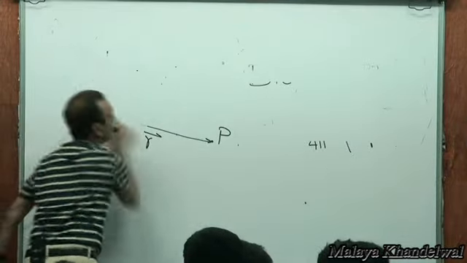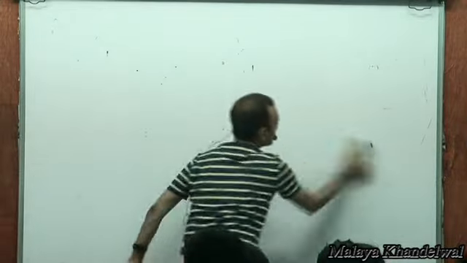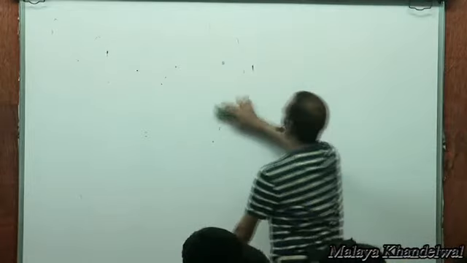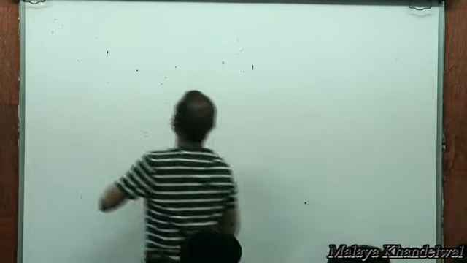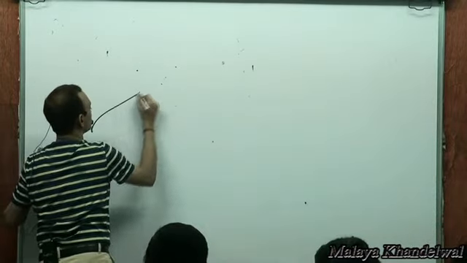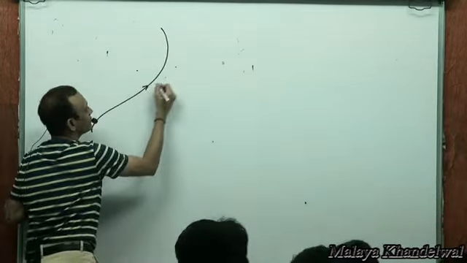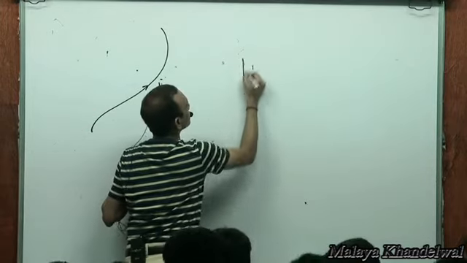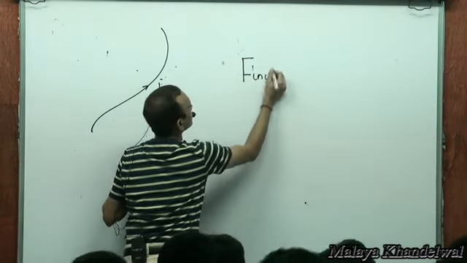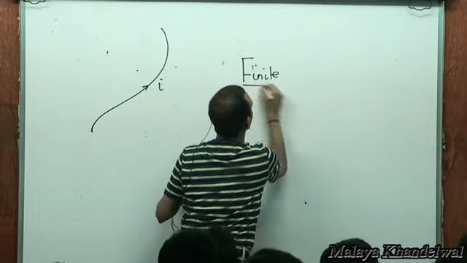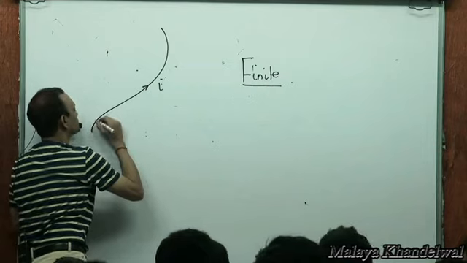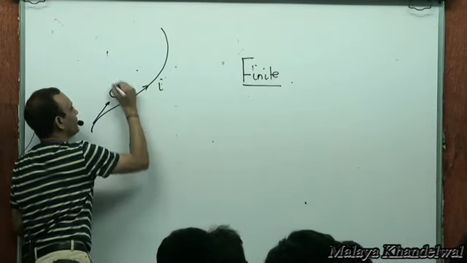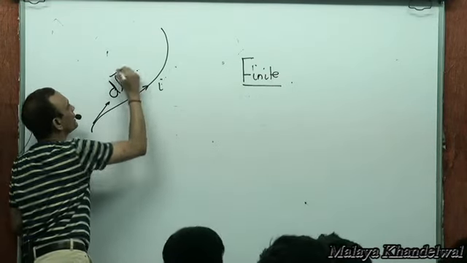So then, if this was a finite current carrying conductor, what I do is I break this conductor into an infinite number of these dls.